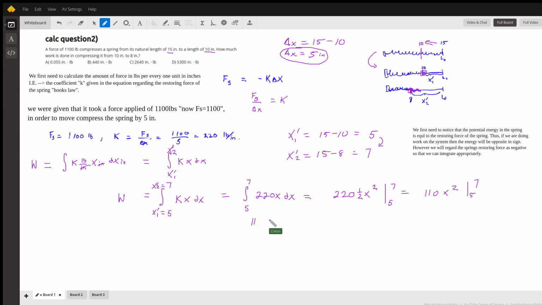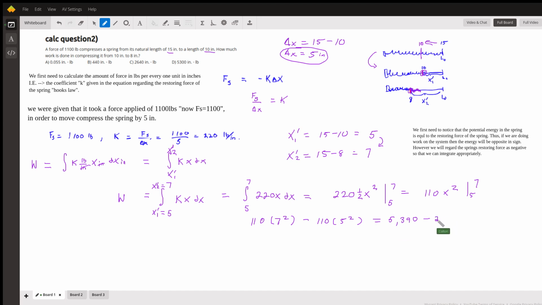So altogether, this is going to give us, gotta do my calculations here. That first value, and then the second value. So you're going to have 5,390 inch pounds or pound inches, right?